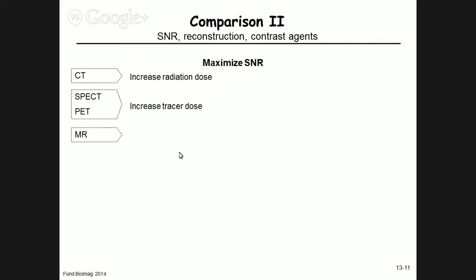Magnetic resonance. How can one increase the signal-to-noise ratio? Remember, the signal-to-noise ratio is proportional to the thermodynamic equilibrium magnetization. And that depends on gyromagnetic ratio. That one cannot change. Depends on the temperature. Well, most of our subjects are at around 310 Kelvin.